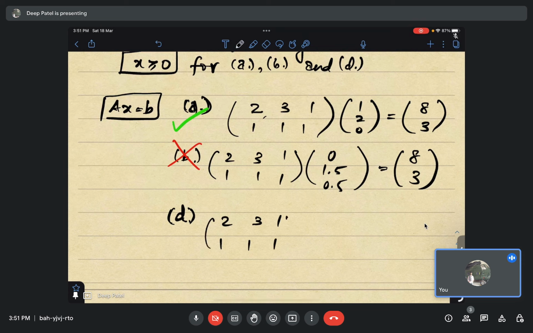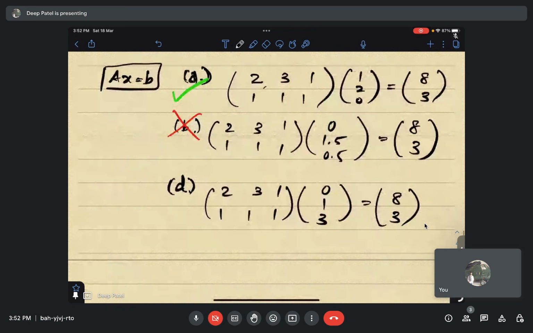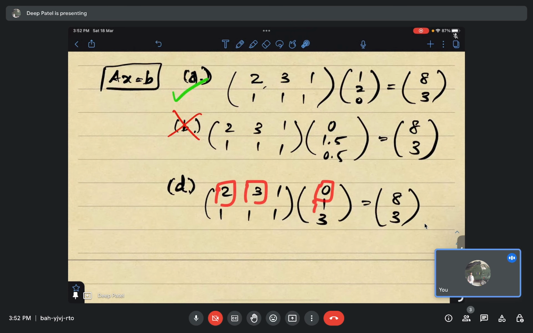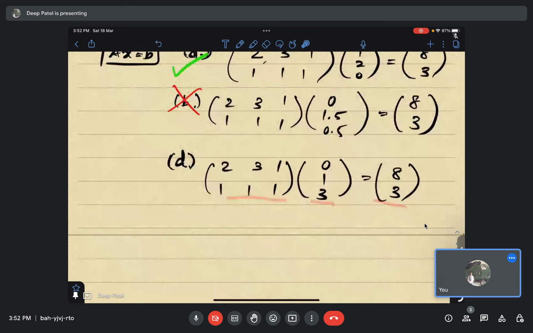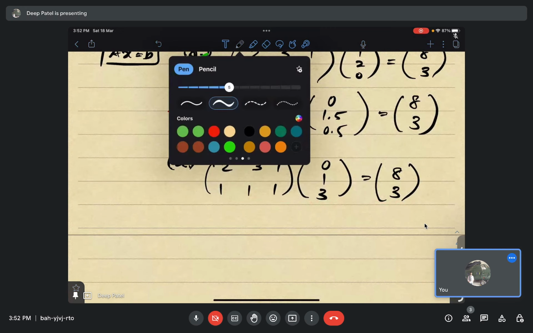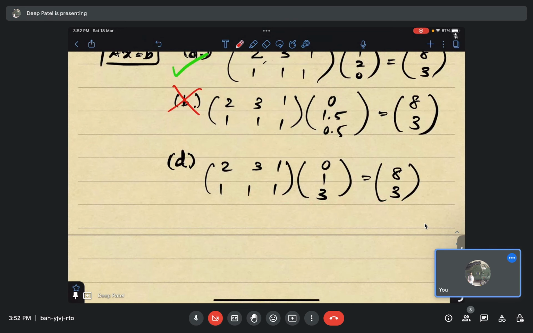The system remains the same. The candidate is 0 1 3, and again we have to check this. Here you have 2 times 0, 3 times 1, and 1 times 3. So clearly 6 is not equal to 8. That is impossible. And obviously 4 is not equal to 3.